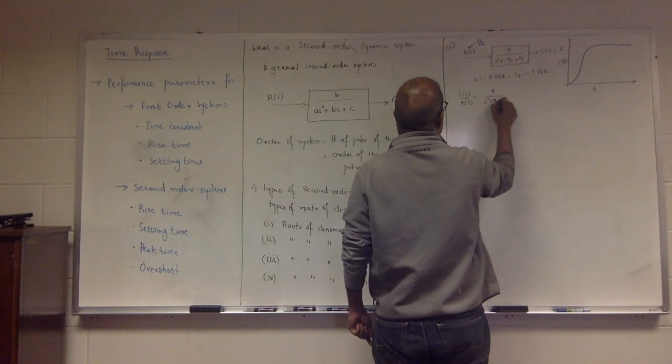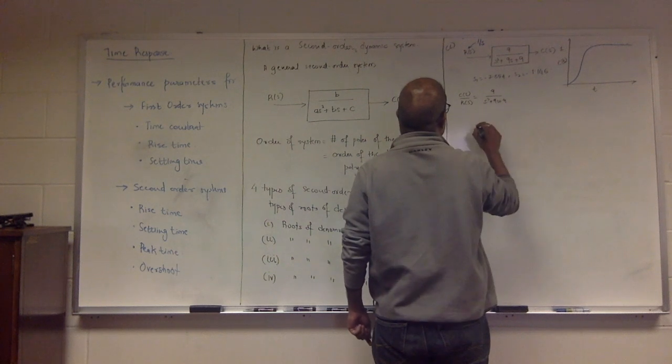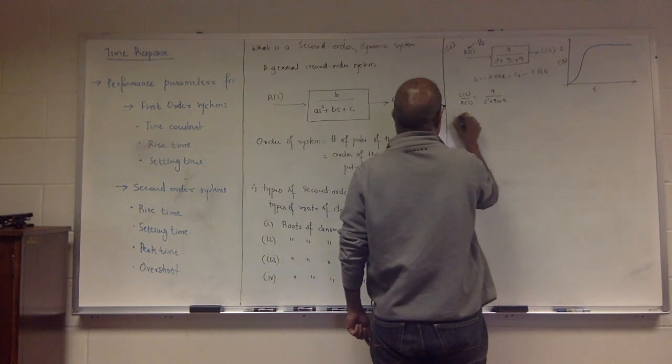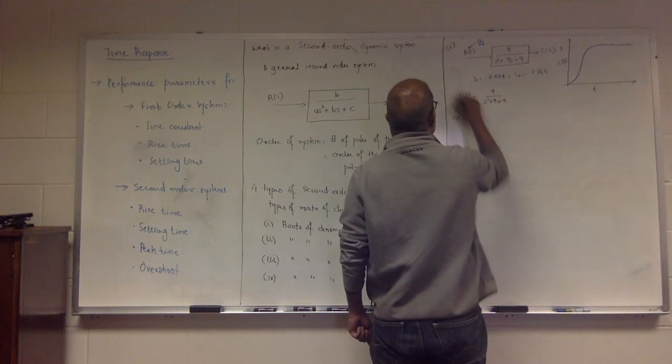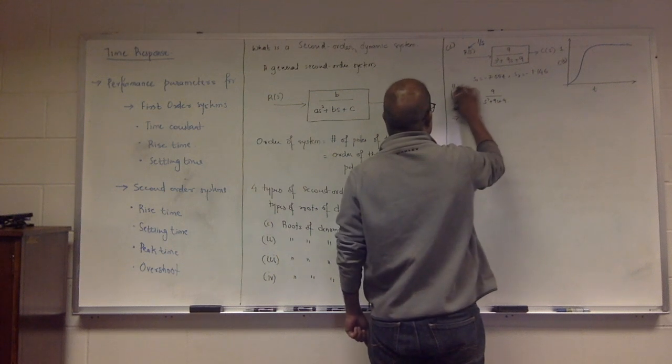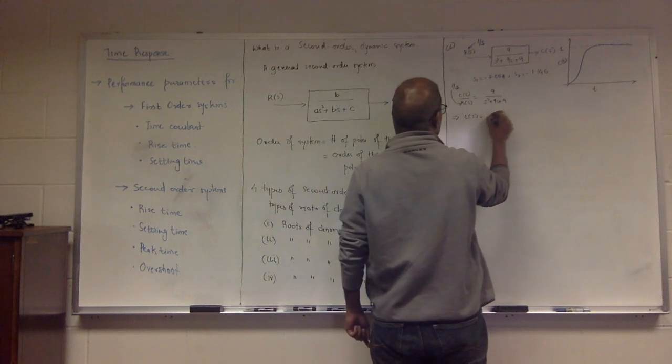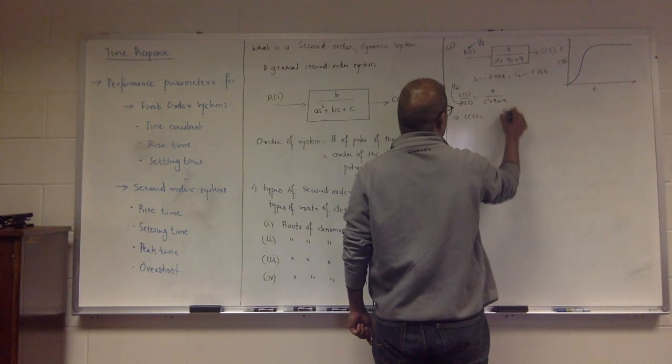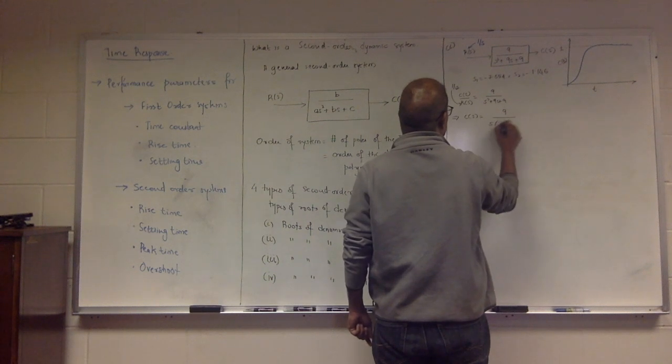Which implies C of s, if R of s is 1 over s, is 9 over s into s square plus 9s plus 9.